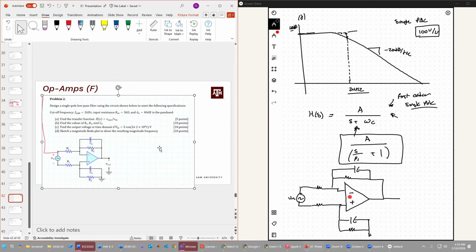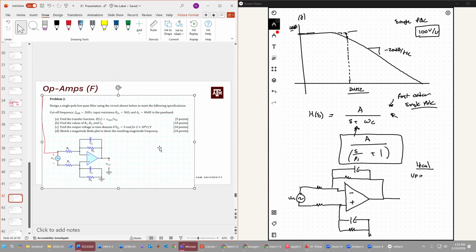Okay. All right. So it says find the transfer function, right? It doesn't give us anything, and it doesn't say it's ideal, but it also doesn't give us a graph characterizing the output gain or unity gain bandwidth, and it doesn't say it's not ideal. So we're going to assume it's ideal.